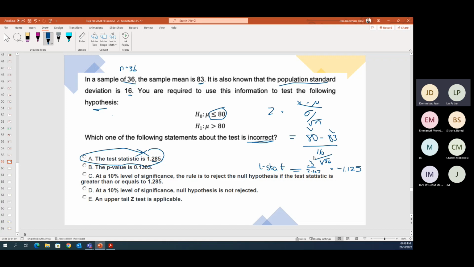John? Yes, I just want to check again. Sorry, is it 83 minus 80 or 80 minus 83? Because the sample mean was 83, right? Okay, so what's the sample mean?